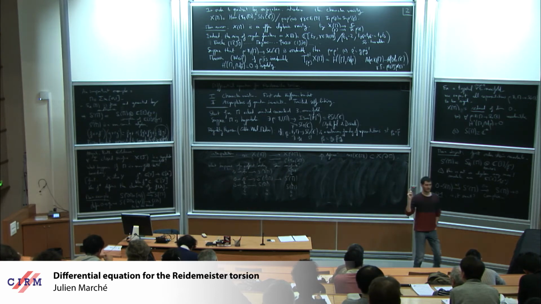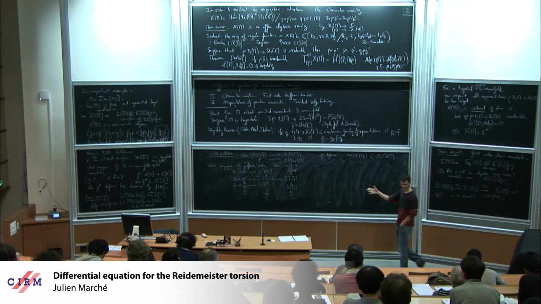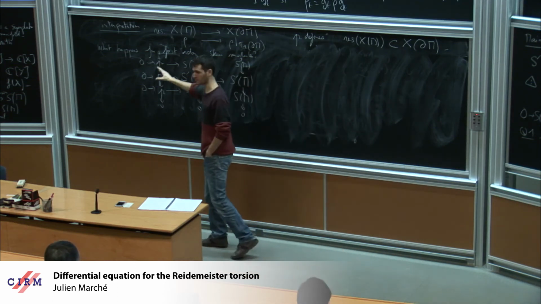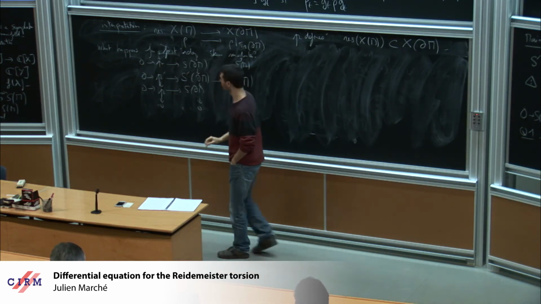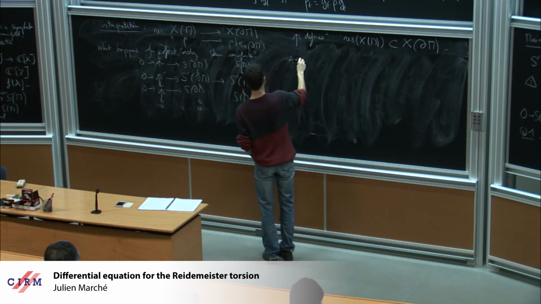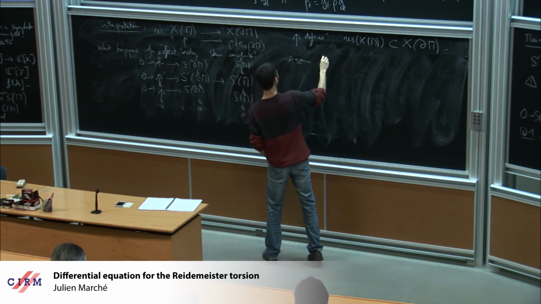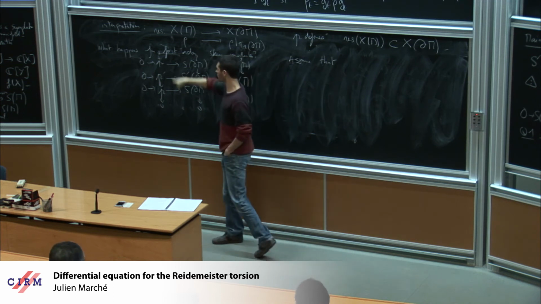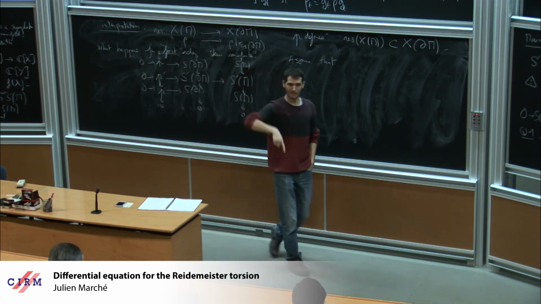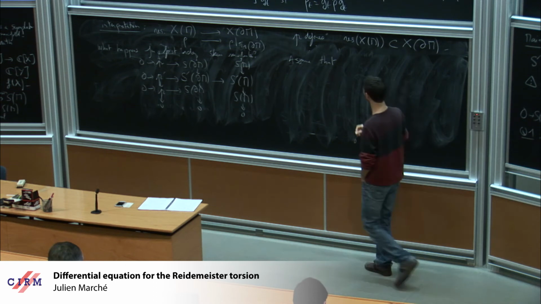And I claim that in these diagrams there are some things which are interesting and related to this symplectic structure, etc. So let me just assume, to explain that to you, assume that, for instance, all the rows are exact.